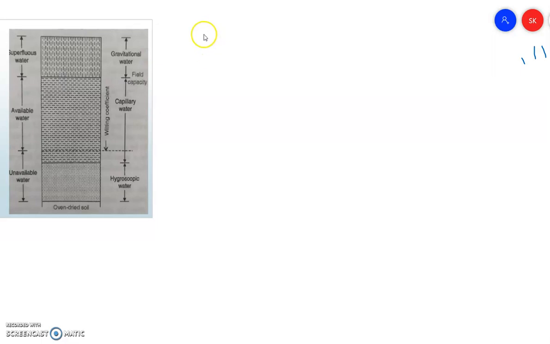Let us assume that gamma d is the dry unit weight of soil, and gamma w is the unit weight of water.